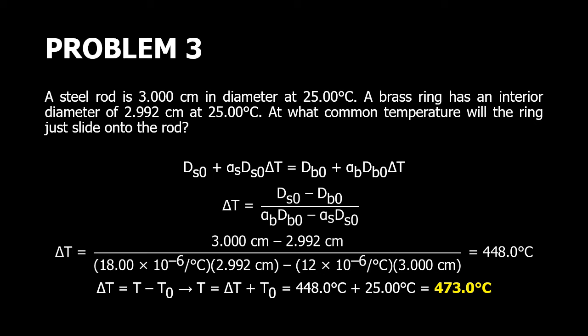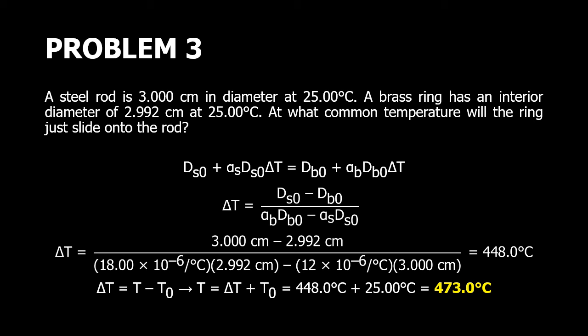So we have DS0 plus alpha S DS0 delta T equals DB0 plus alpha B DB0 delta T, where DS0 is the initial diameter of steel and alpha S is the coefficient of linear expansion of steel, while DB0 is the initial diameter of brass and alpha B is the coefficient of linear expansion of brass, while delta T is the change in temperature.